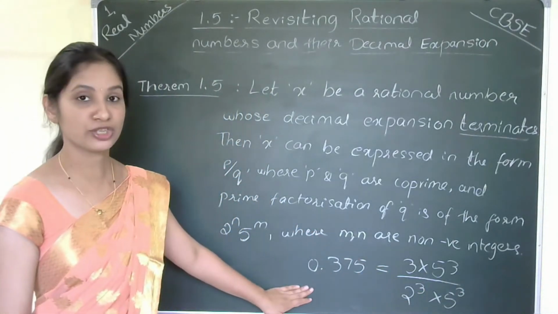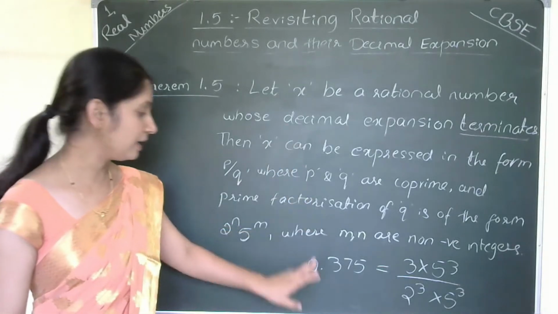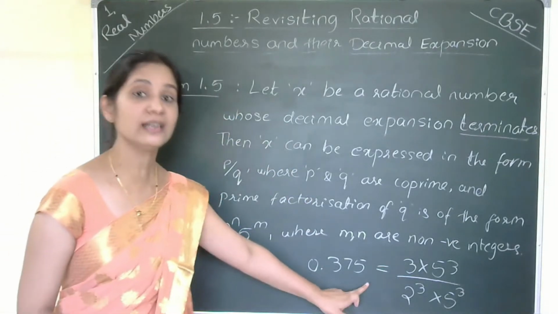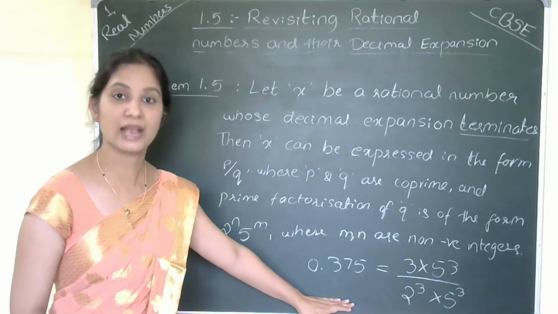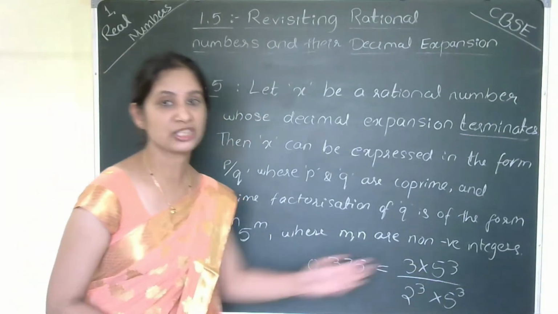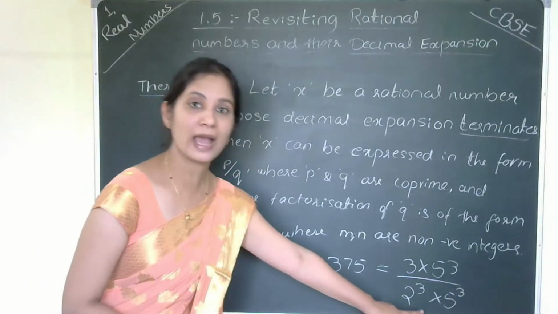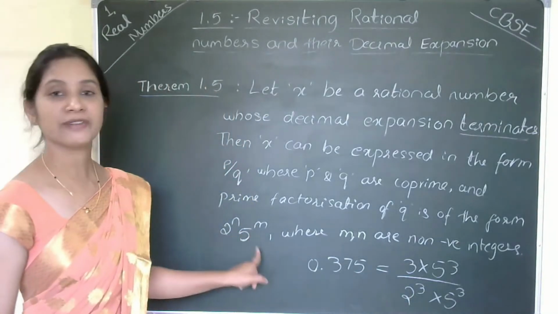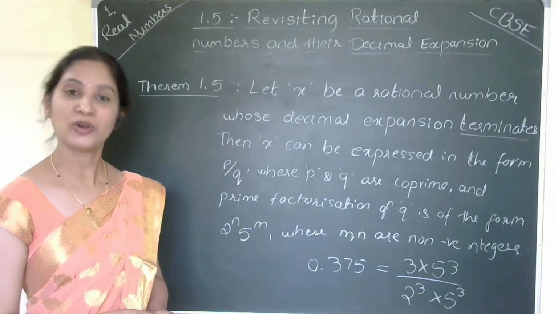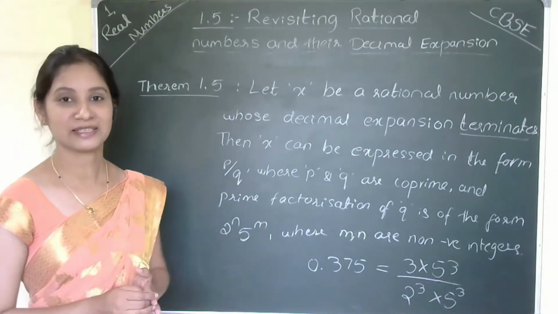I hope you have understood. So what it is saying: any terminating decimal expansion of a rational number can be expressed in the form of p by q, where you can express q as 2 raised to n, 5 raised to m. I hope you have understood the concept better.